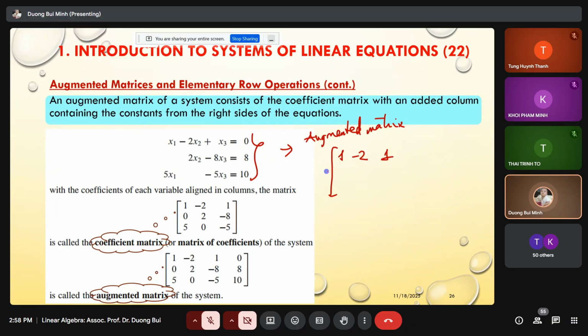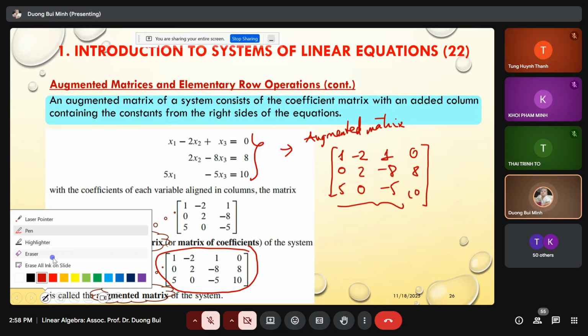We don't have x1 in the second equation, so 0, 2, minus 8, 5, 0, minus 5, and the constant terms 0, 8, 10. Okay, so this is the augmented matrix, right?